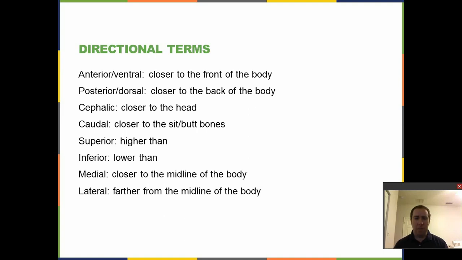But we use the same terms for other animals that walk horizontal. And so on a cat or a dog, cephalic would be towards the front and caudal would be towards the back. For us, cephalic is towards the top and caudal is towards the bottom.